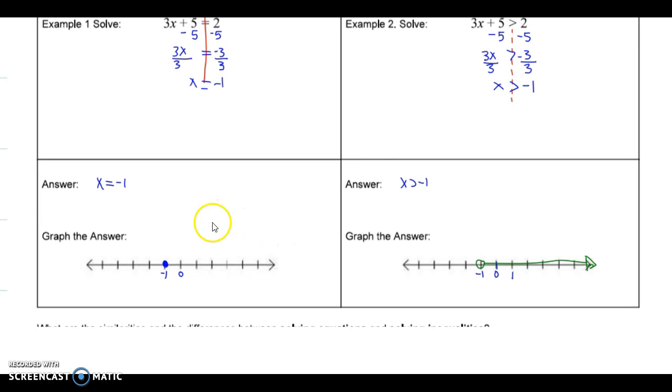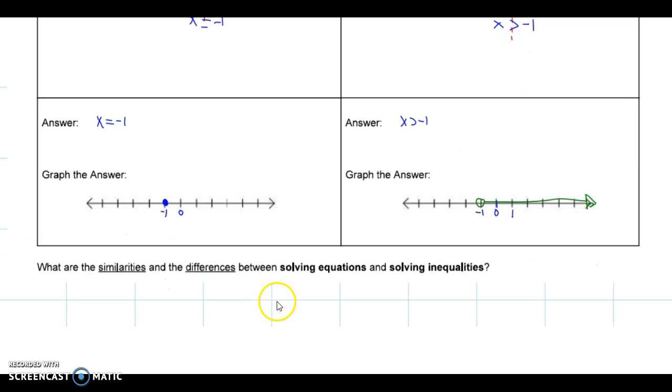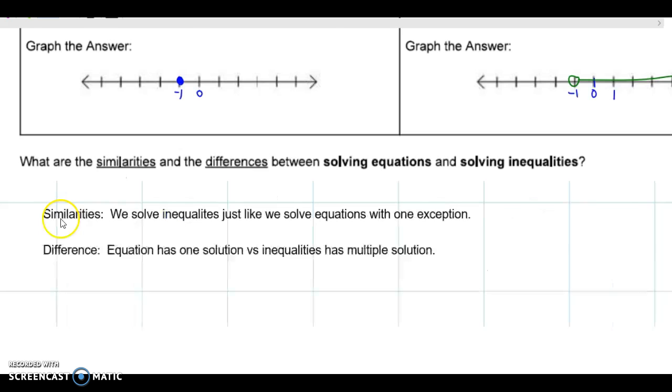Okay, so we're comparing the equation and the inequality side by side. Equation. Okay, and inequality. Let's go down. What are the similarities and differences between solving an equation and solving an inequality? Think about it for a second and come back to this video. So similarities.